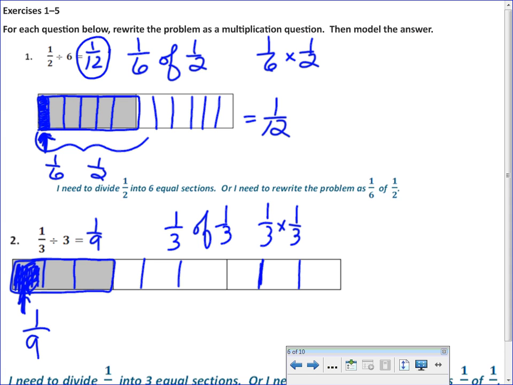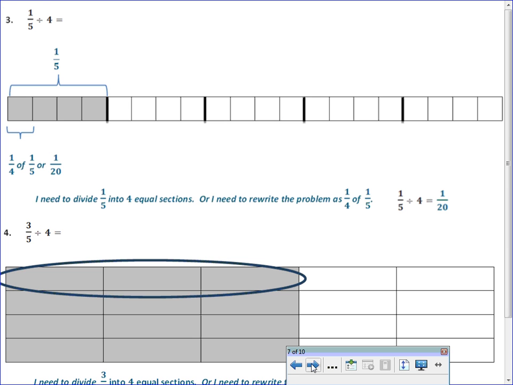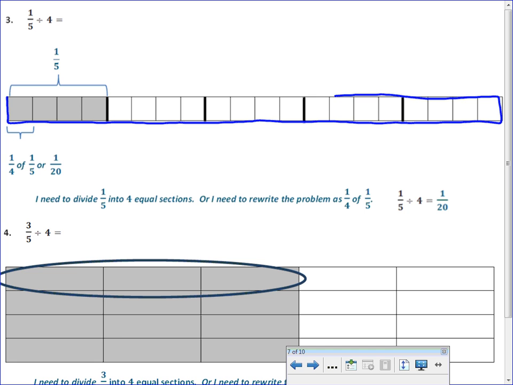Let's try the next one. 1/5 divided by 4. So let's start by drawing 1/5. Here's your whole. Let's separate it into fifths. 1, 2, 3, 4. 4 lines gives me 5 boxes.